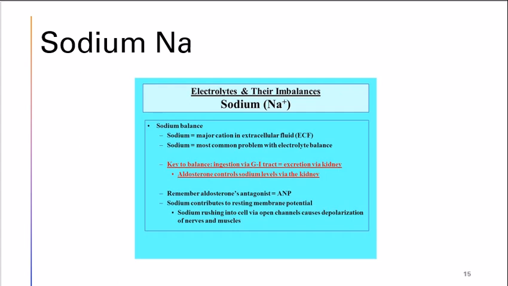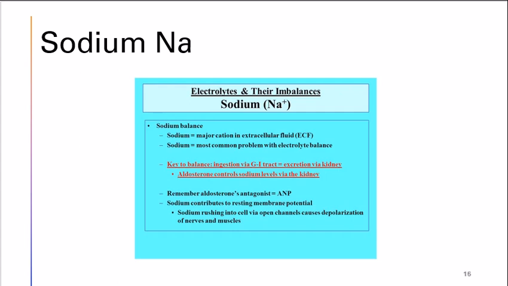So wherever sodium goes, water will be sure to follow. This is why sometimes your hands or your feet will swell when you have a really, really salty meal the night before. Sodium's also pretty important in allowing nerves to be transmitted in the body, as well as it helps with movement of calcium into the cell. And we'll talk about calcium here in just a little bit.